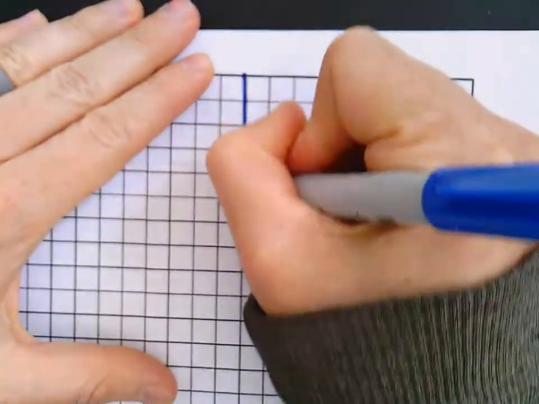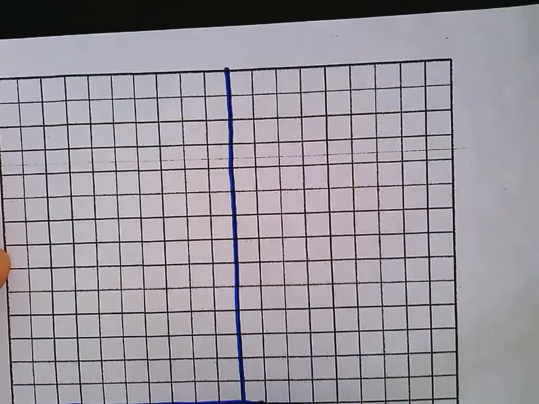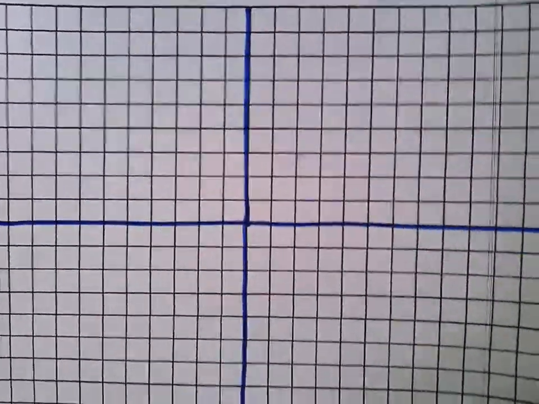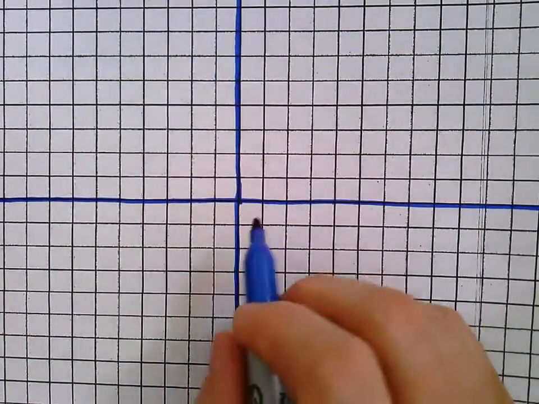Looks like I need to create an XY plane on this first with my Sharpie. Okay. Maybe I'll turn it sideways even. That'll work well. So the center is at 1, 3.